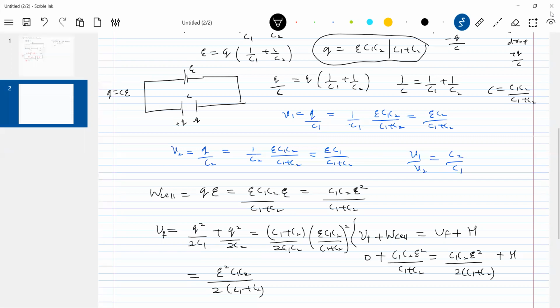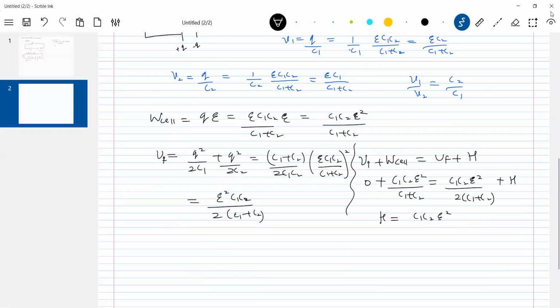So what do you mean by H here? H is the heat generated, which is equal to C1 C2 E square by 2 times C1 plus C2. This is the heat generated in the circuit. They may ask you very simple questions. Tell me, where is all that heat generated in the circuit?